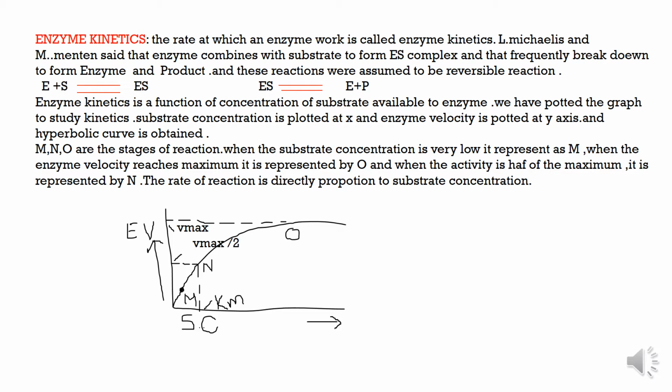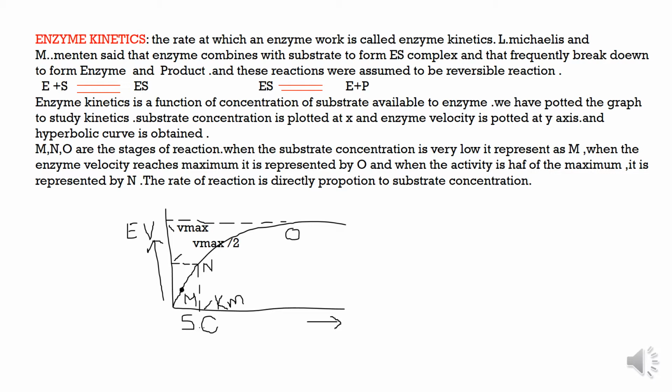Enzyme kinetics is a function of the concentration of substrate available to the enzyme. We have plotted a graph to study kinetics. Substrate concentration is plotted on the x-axis and enzyme velocity on the y-axis, and a hyperbolic curve is obtained. M and O are stages of the reaction.